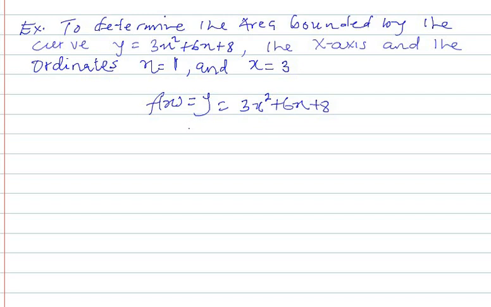So we have the ordinates, that's our limits. The first ordinate, x is equal to 1, we can say x is equal to a, which is equal to 1, and then x is equal to b, which is equal to 3.